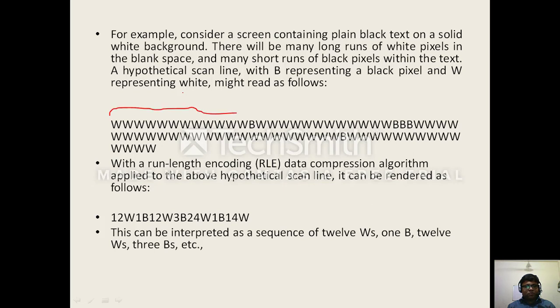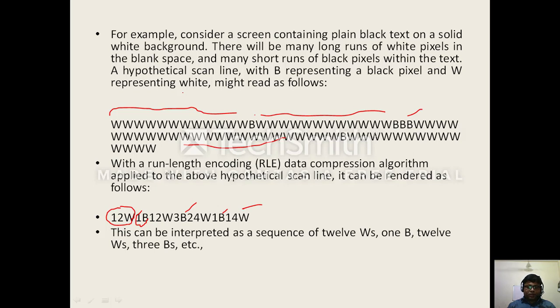Then W, right? 12W means 12 occurrences of W. 1B, 1 occurrence of B. Then 12W, then 3 occurrences of B. Then 24 occurrences of W up to here. Then 1 occurrence of B, then 14 occurrences of W.